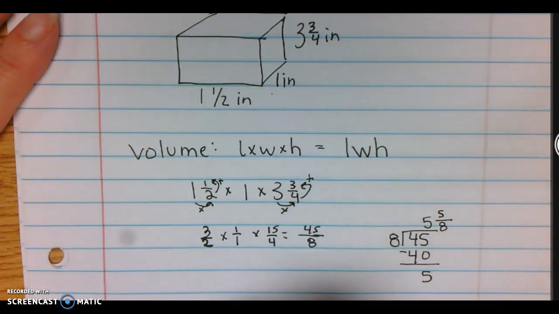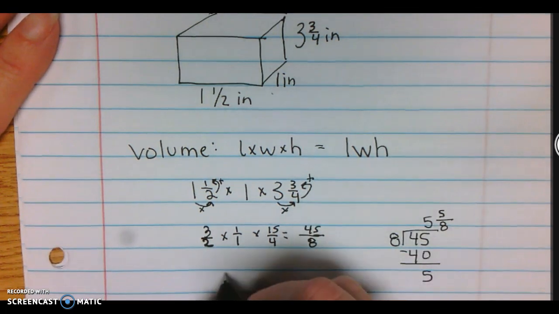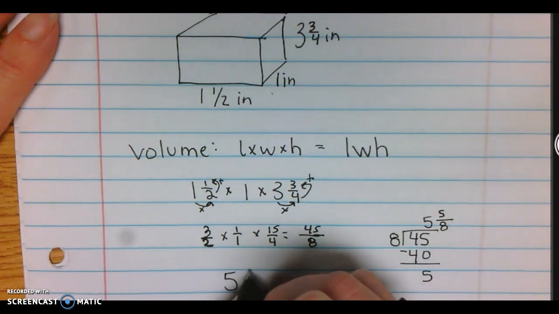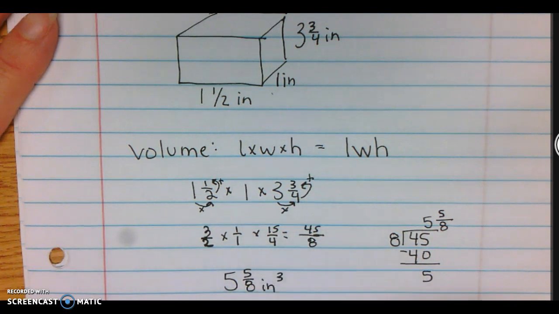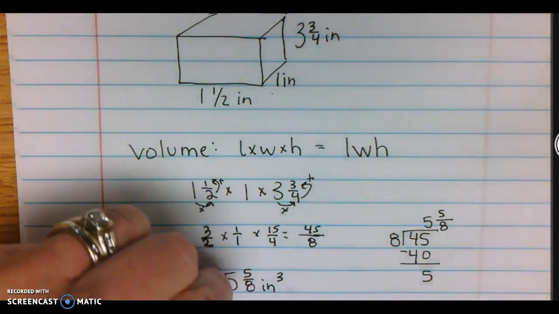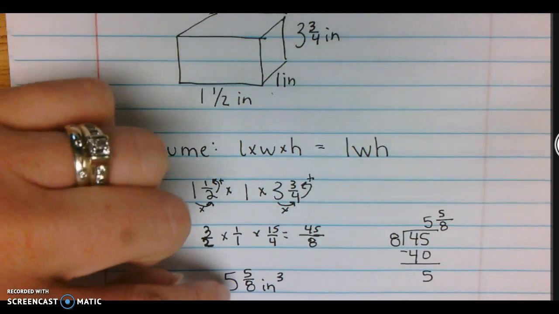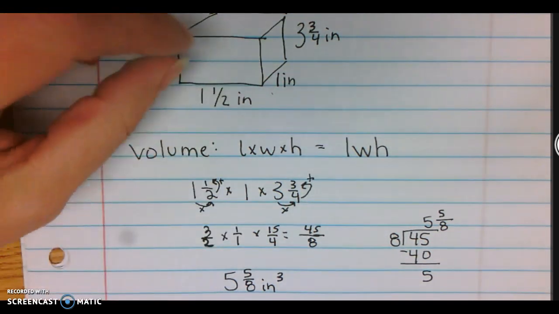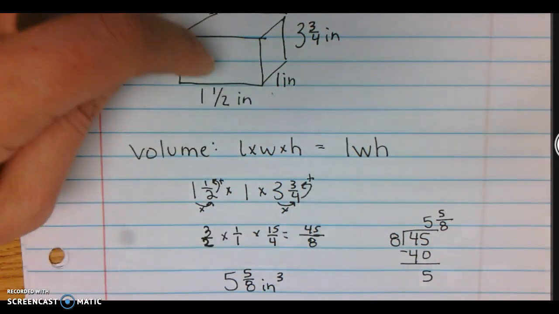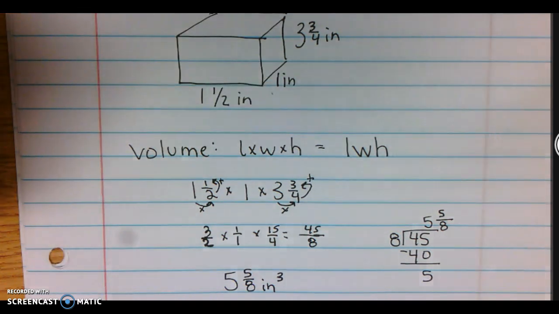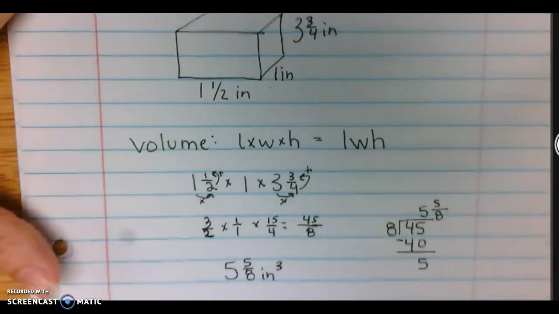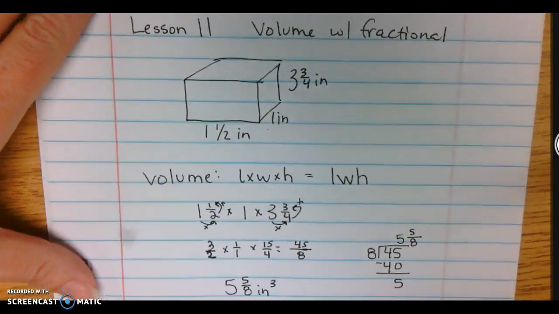So my volume becomes 5 5/8 inches cubed. Remember, it's cubed because with volume, what this means is we are filling this box with cubes, and it would take 5 whole cubes and then 5/8 of another cube to fill this entire box. That was kind of a review from 5th grade.